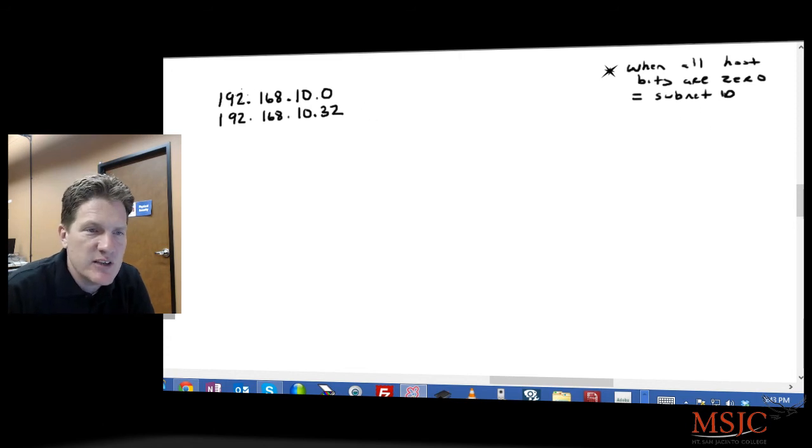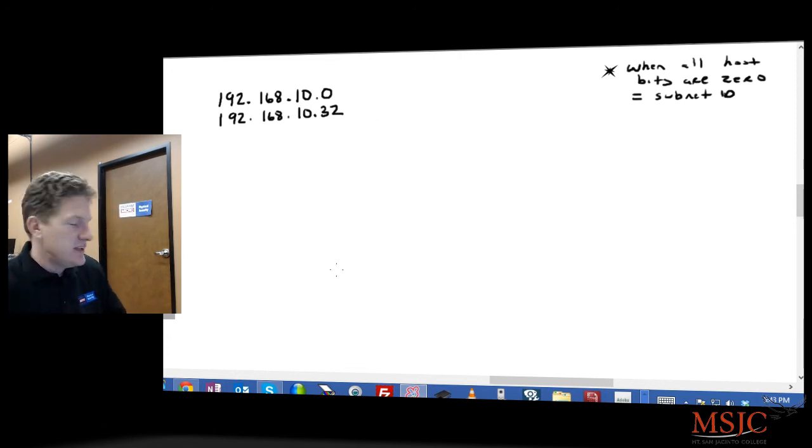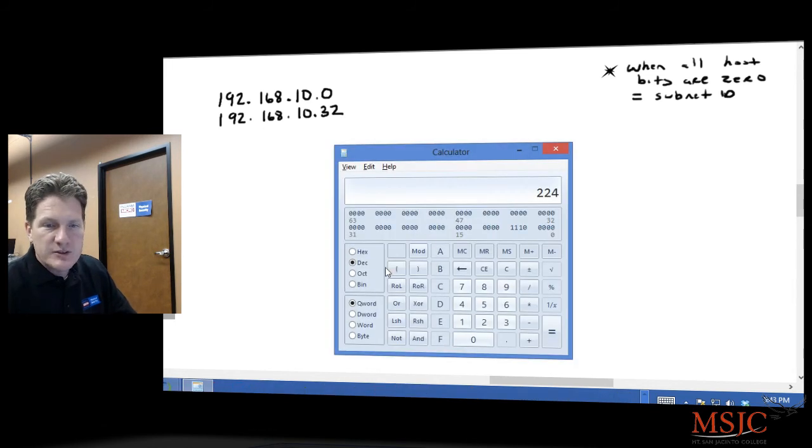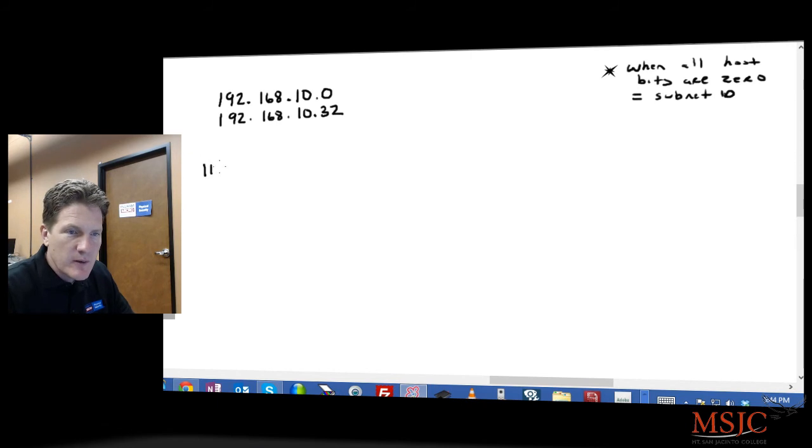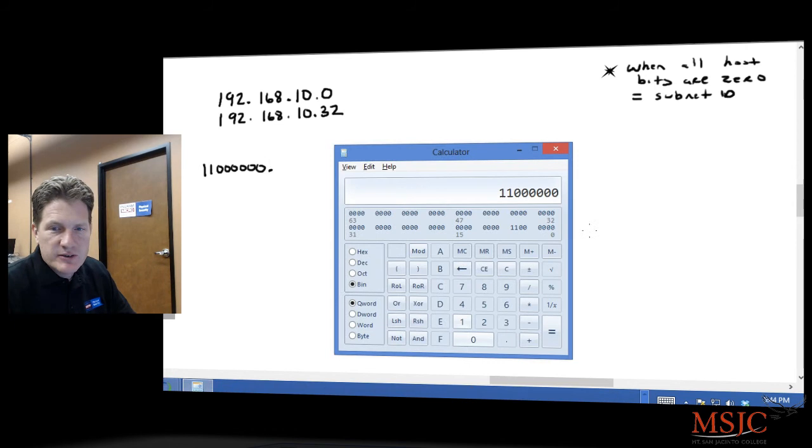Now, let's just take a look at this. I want to convert 192.168.10.32 to binary just so you can see it. I'm going to go 192 and convert that to binary. That's 2 1s and 6 zeros.